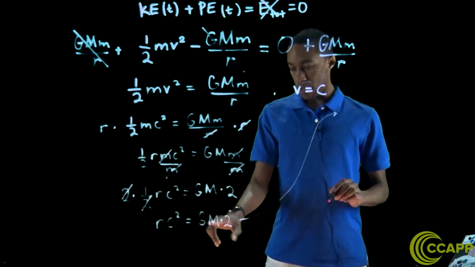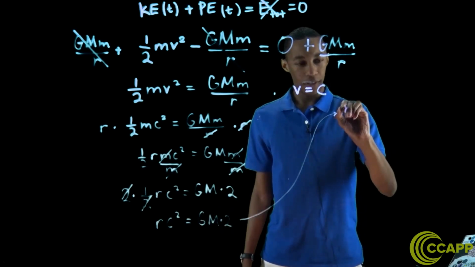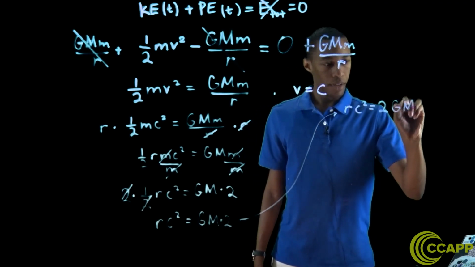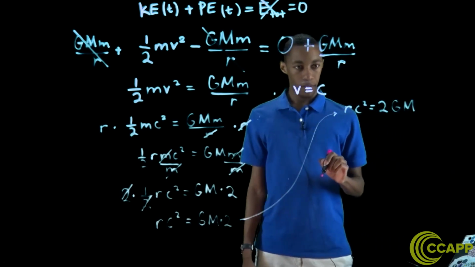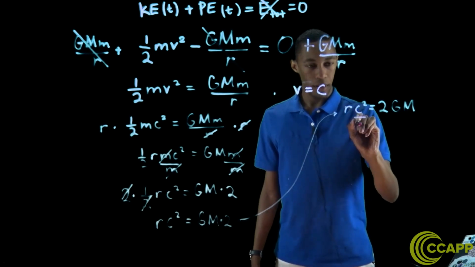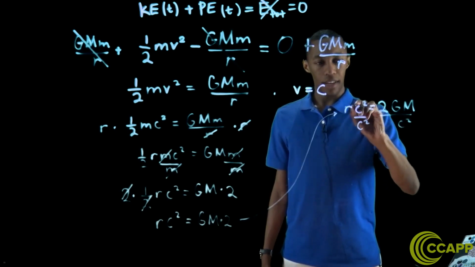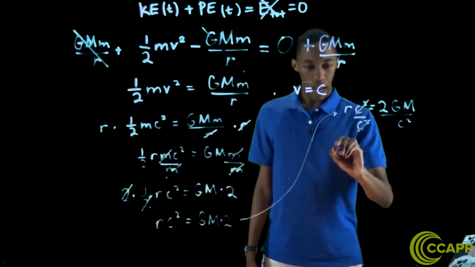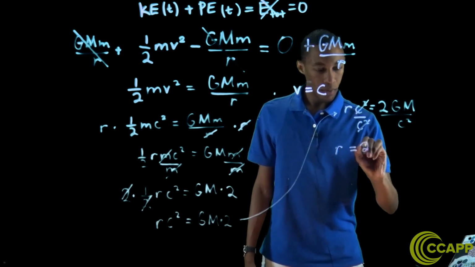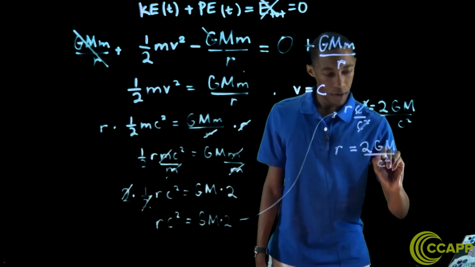I will rearrange to move the 2 to the left-hand side just for aesthetic purposes. I get rc squared is equal to 2GM. Since I'm trying to solve for r, I should now divide both sides by c squared. On the left-hand side, the c squareds will cancel, and we finally find that r is equal to 2G capital M over c squared.